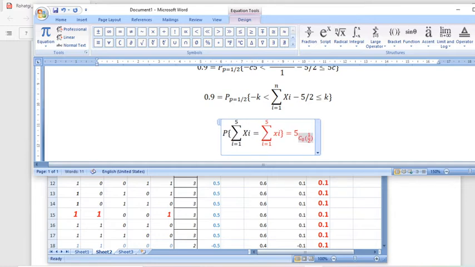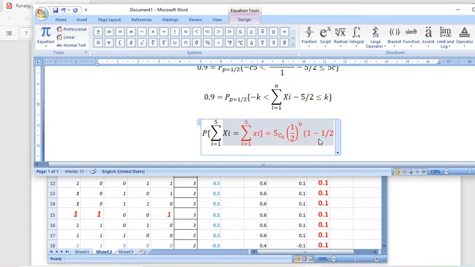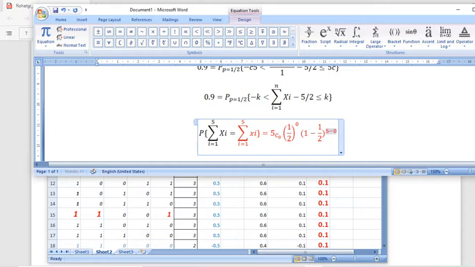So it is 5c0 into 1 by 2 raised to 0 into 1 minus p raised to 5 minus 0.